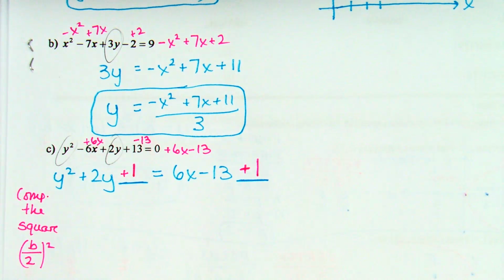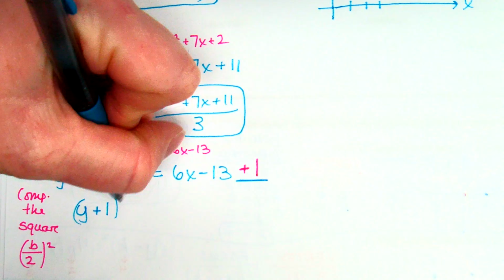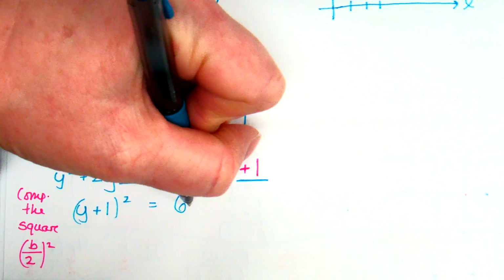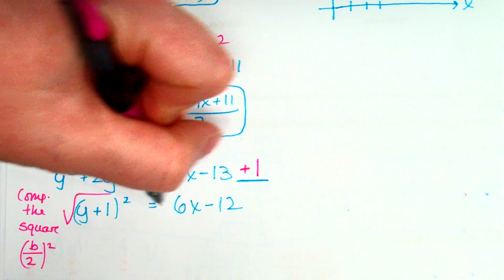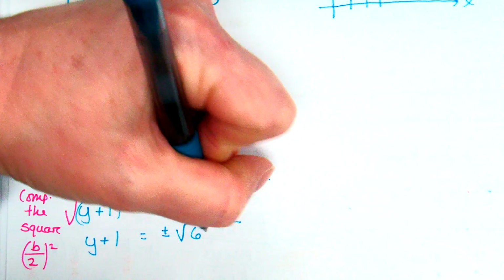We'll talk about questions. This is y plus 1, quantity squared, equals 6x minus 12. I'm going to square root. Y plus 1 equals plus or minus the square root of 6x minus 12. I'm going to subtract 1.